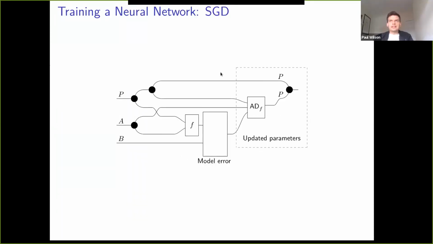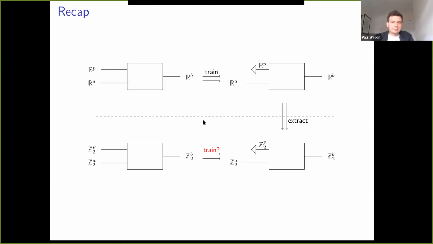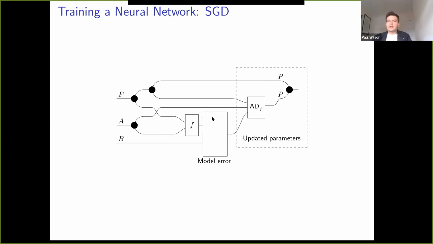Okay, so to understand how we might do this red train arrow here, we have to understand what training a neural network actually does. And this is a very oversimplified view of stochastic gradient descent for neural networks. But the general idea is that you take your current best guess for the parameters, and you have an example from your data set, so an input and output there.